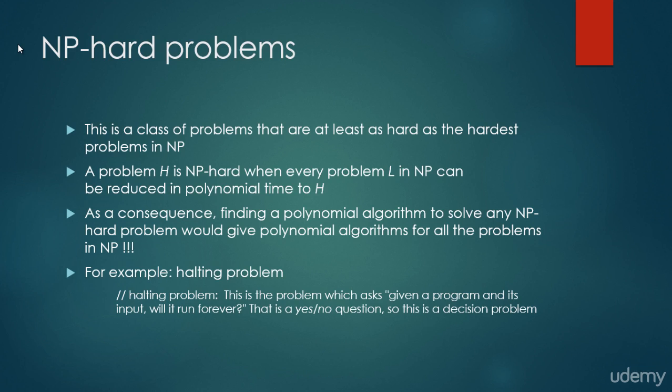Then it would mean that all the problems in NP could be solved in polynomial time, very efficiently and very fast. The halting problem is such an NP-hard problem. It asks, given a program and its input, will it run forever? That is a yes or no question. So this is a kind of decision problem, but it is very, very hard to solve.